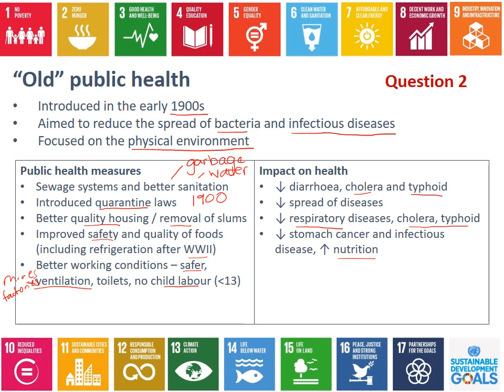Also another thing that was brought in around this time was minimum wage. So employers now had to pay their workers a minimum wage. And that would have obviously had impacts on people's income and things that they're able to afford. A lot of people were still very poor, but it did bring some rights for workers.